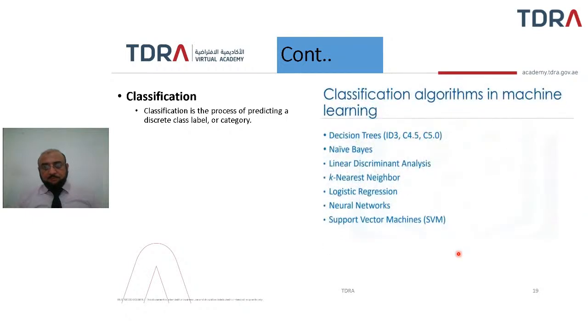Now we will learn about the classification algorithms in machine learning. There are different types of classification algorithms in machine learning, for example, decision trees, naive Bayes, linear discriminant analysis, k nearest neighbor, logistic regression, neural networks, and support vector machine, SVM.